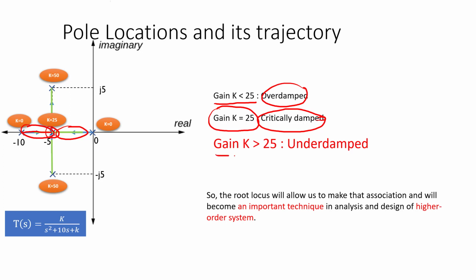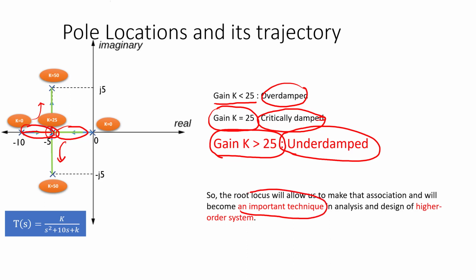Finally, when the gain is more than 25, the poles will enter the complex plane from the left and the right, and then the system will become underdamped. So the root locus allows us to make this association and will become an important technique for the analysis of higher order systems.